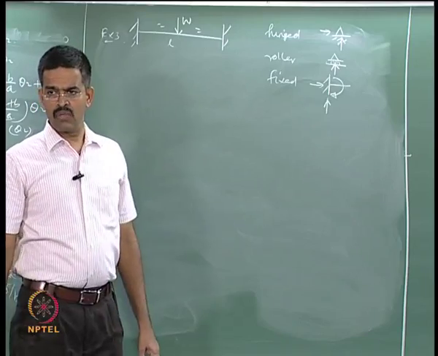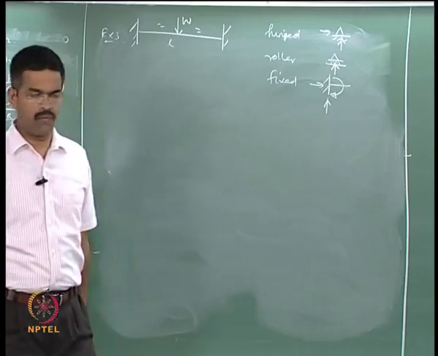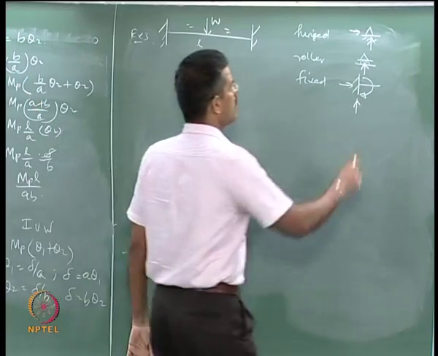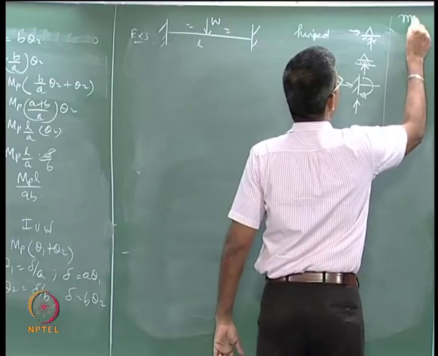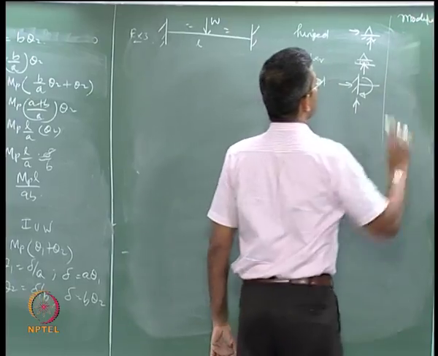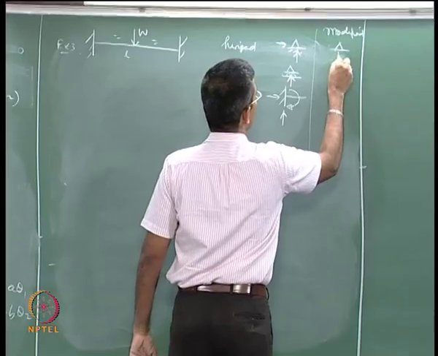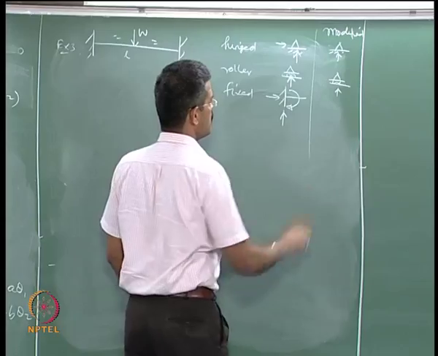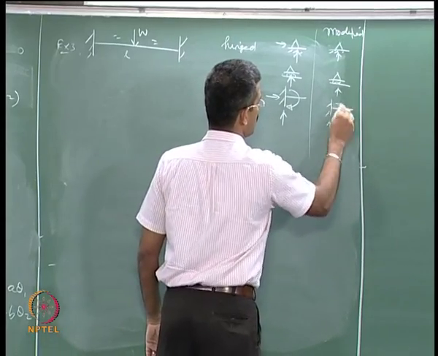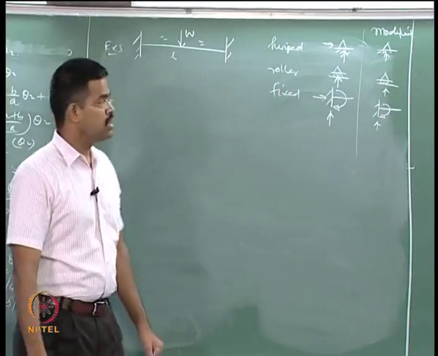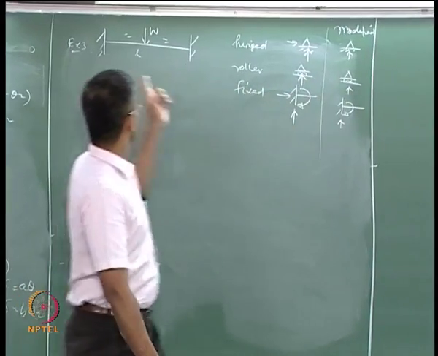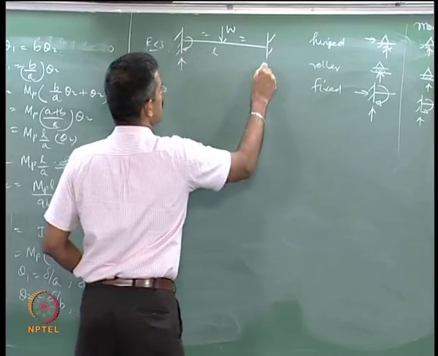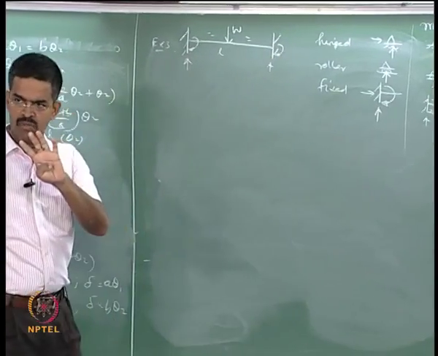Now, let us ignore the axial deformation present in the system, therefore, all horizontal reactions we will ignore for the time being. If you ignore that, obviously the modified reactions for this could be only vertical, for this could be only vertical, for this could be vertical and moment, right. Let us use these values here to understand. So, this got 1, 2, 3, 4, 4 unknowns.